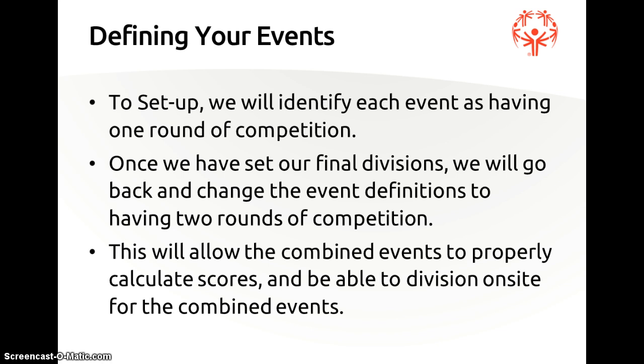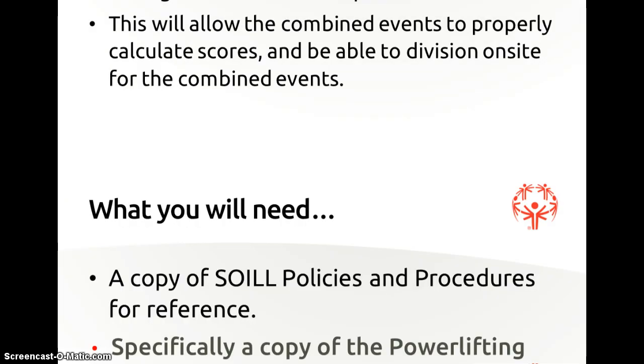With combined, since you need to division on site based on their performance that day to figure that award, we won't necessarily need to set up final divisions for combined initially, but we'll be doing that on site. So it is a little bit tricky, and we're going to walk you through that process here.